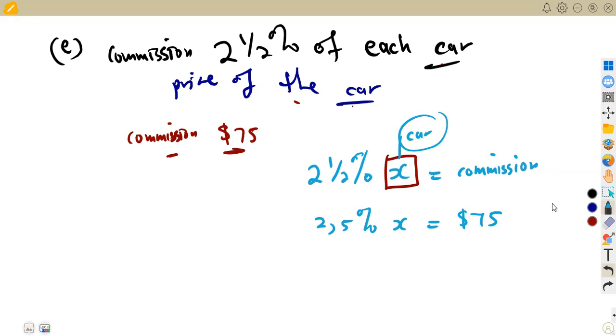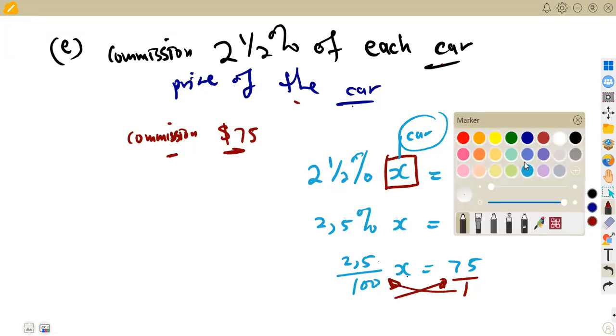You remove the percentage by dividing by 100. So this is the same as 2.5 over 100 times X is equal to 75. By manipulating your equation, you can calculate for X. This is paper 2, so you can simply cross multiply in this case to find X. So that is going to be 2.5 times X.